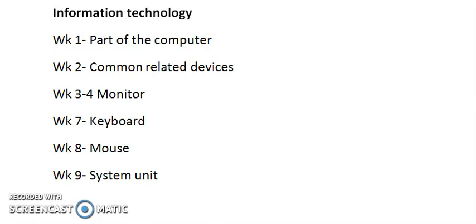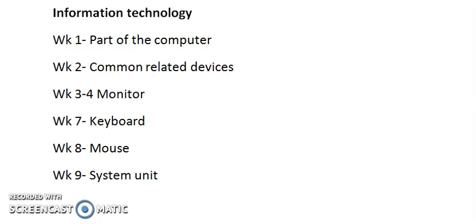Examples of these devices include the automated teller machine, that's the ATM, the digital camera, the digital wristwatch. These are examples of computer-related devices. A radio is also an example of a computer-related device.